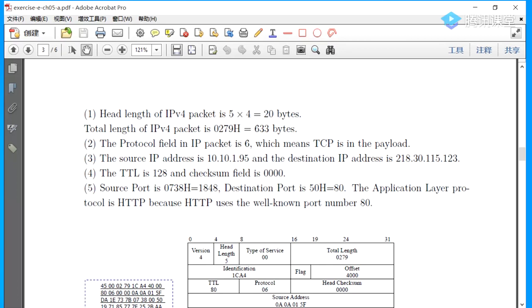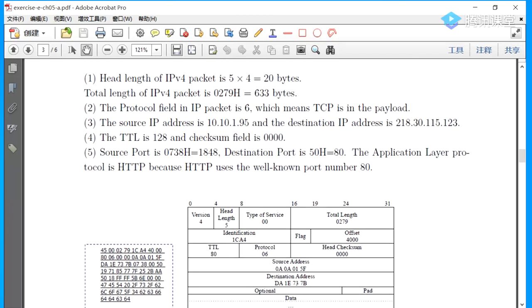Okay. 0A means 10. Hexadecimal A means 10. 01 here means 1. 5F in hexadecimal means 95. Okay, I will illustrate why 5F means 95.